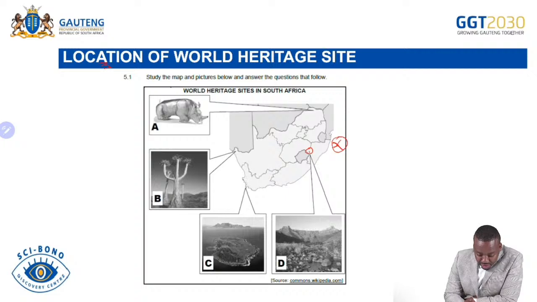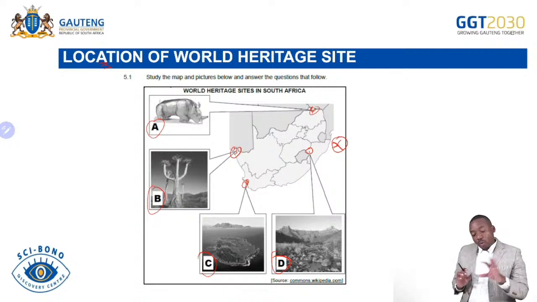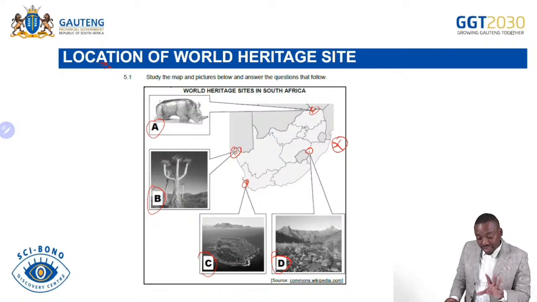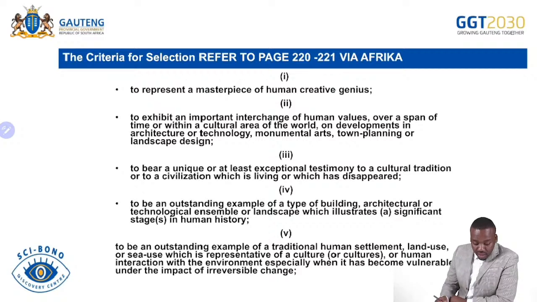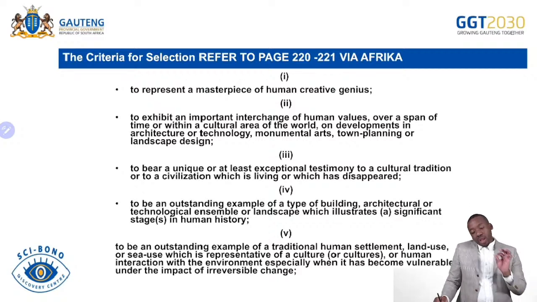Then here maybe it might be number 2, here it might be number 3, here number 4. Or it's written like this, A, B, C, and D, right? We will go later when we deal with activities. I just wanted to show you, when I say location, what you might expect on your papers. Let's look at the first World Heritage Site.